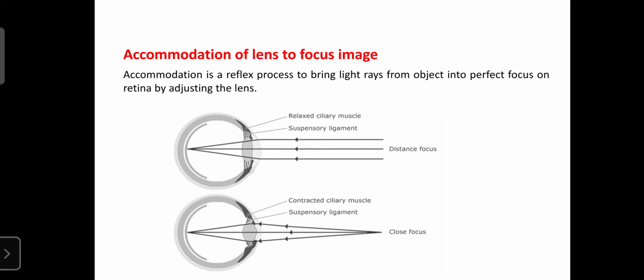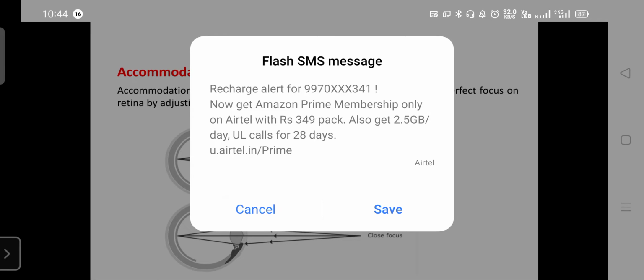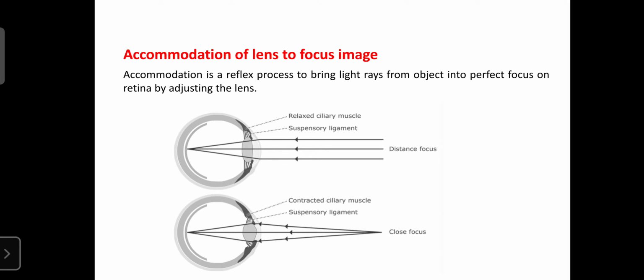Accommodation is one of the processes of vision, a reflex action of the eye, where the light rays from the object fall exactly on the retina with the help of adjustment of the size of the lens. That is known as accommodation of the lens.